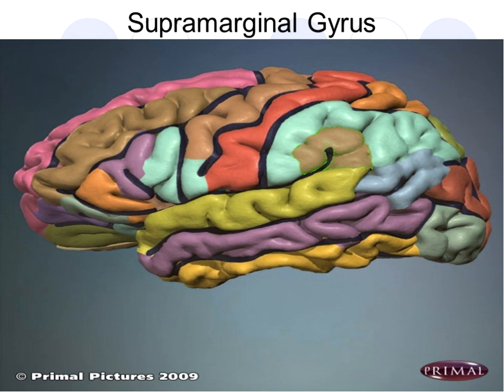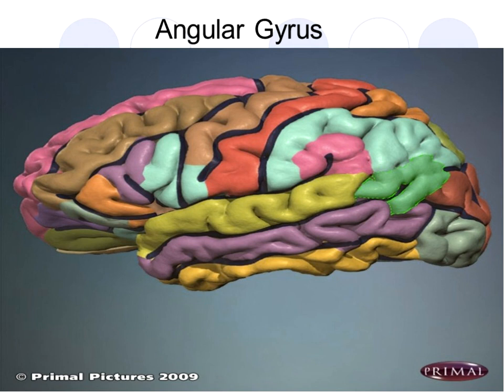Here, at the end of the lateral fissure, we have this brown area. This is the supramarginal gyrus, or Brodmann's area 40, responsible again for reading, writing, calculation. Probably more writing here, reading angular gyrus more. Then this is Brodmann's area 39.